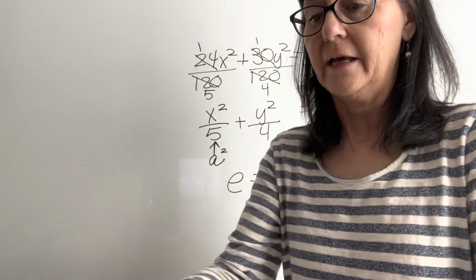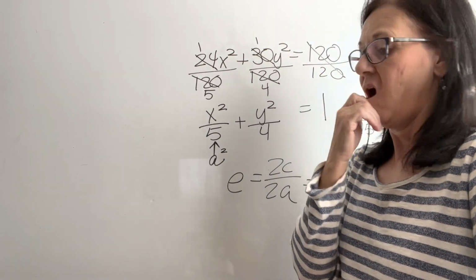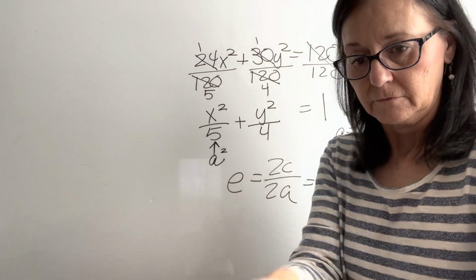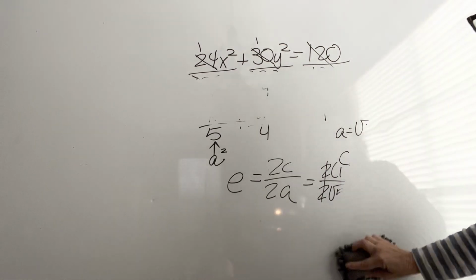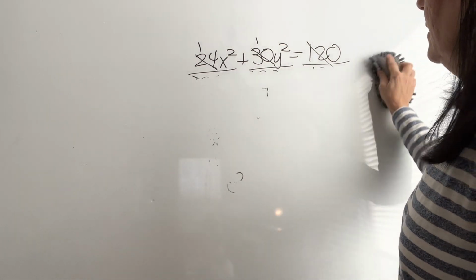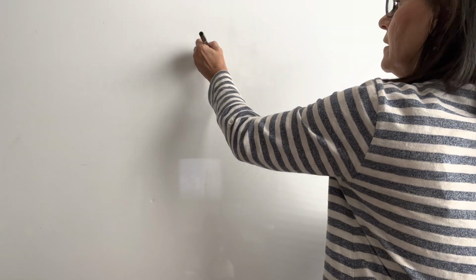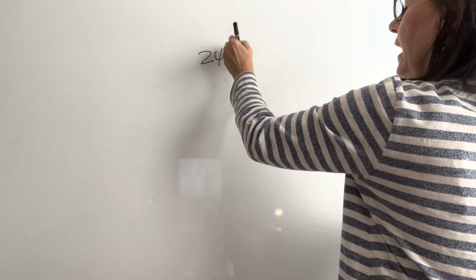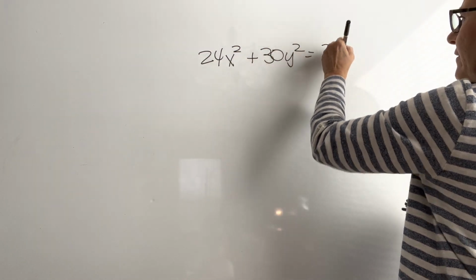Okay, so what if? Just what if this, instead of that, what if we had the same one, 24x squared plus 30y squared equals 24.